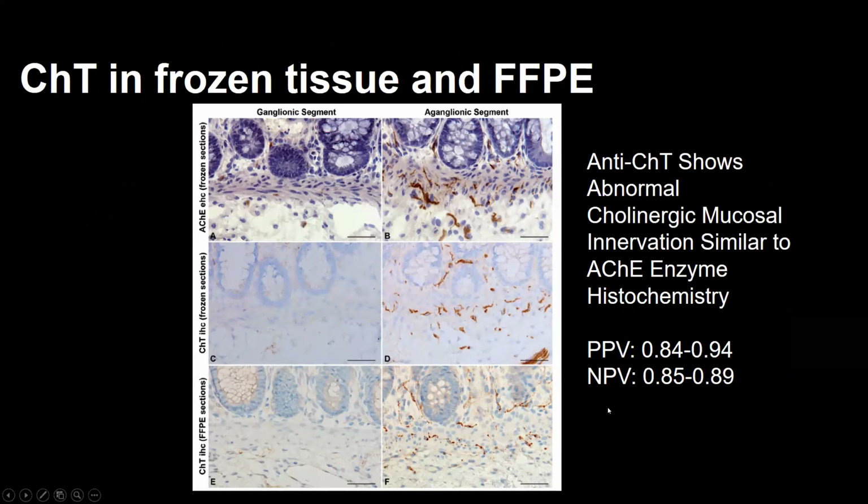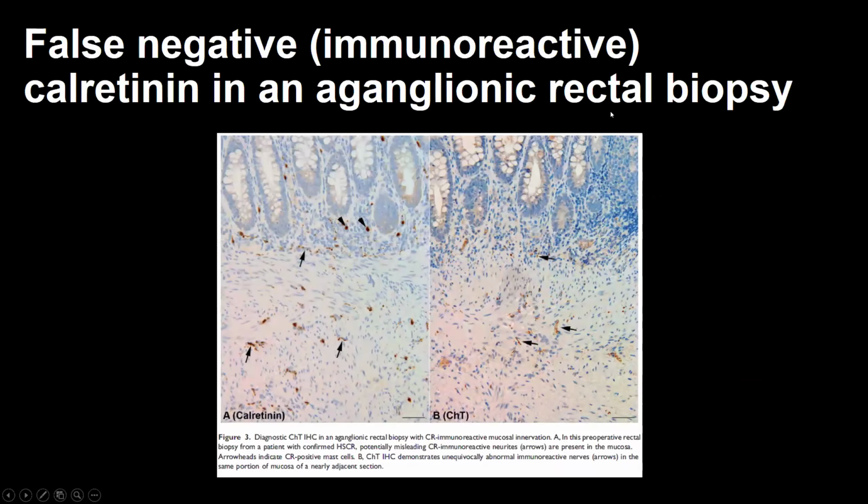However, I will say that in practice, it's very hard to optimize the stain, and I have gone to Raj Kapoor himself to try to get all the details of how to get it to work and have been unsuccessful in 2 different laboratories. And here you can see this is a false negative calretinin, probably in a transition zone area. Here you can see mast cells staining with calretinin.